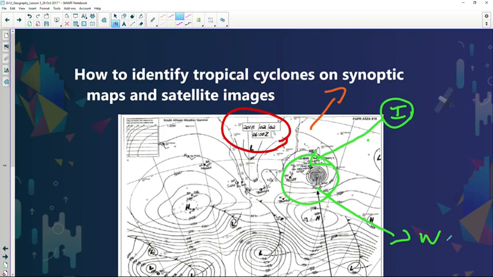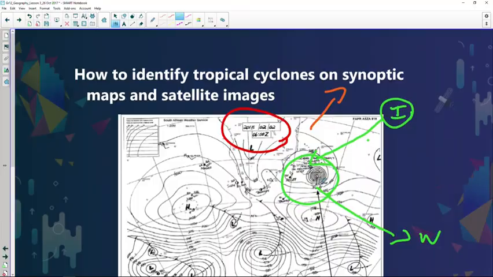The reason I can tell you that this is in its mature stage, very importantly, have a look at the isobars. The isobars are very close together. So what do we know about isobars very close together? Very strong and fierce winds.